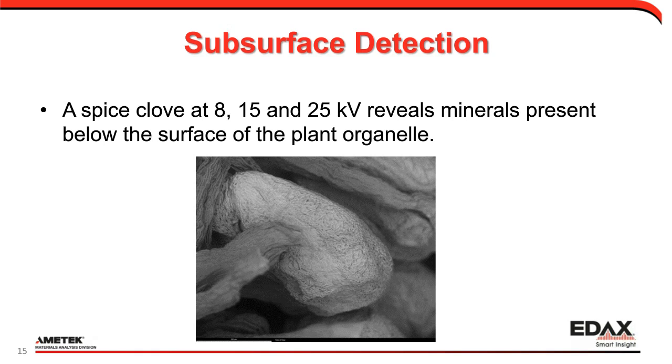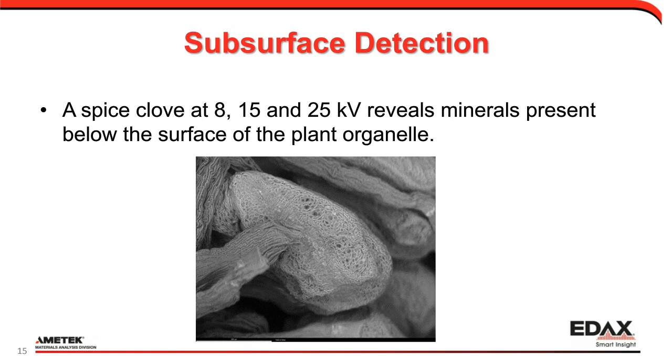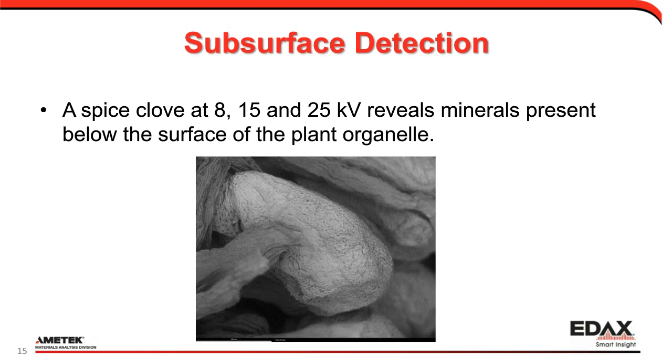So at lower beam kV, we're not quite seeing everything that we can see. But when we go to a little higher beam energy at 15 kV, we're able to see some of the porosity inside of this feature, and some of the bright particulates. These are actually below the surface. I'll go back to 8 kV, which gives us really just a surface view.